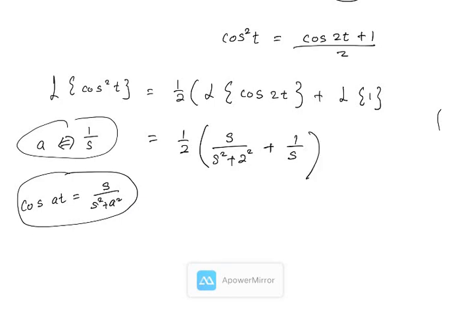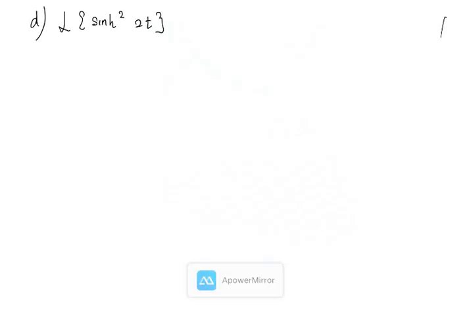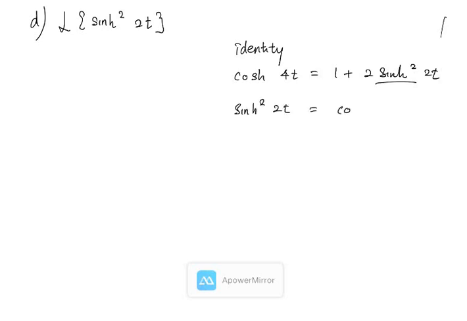It's quite simple. And then the next question, Laplace transform of sinh squared 2t. So this one, we also need to use the identity. From the identity, cos 4t is equal to 1 plus 2 sinh squared 2t. So sinh squared 2t is equal to (cos 4t minus 1) divided by 2.